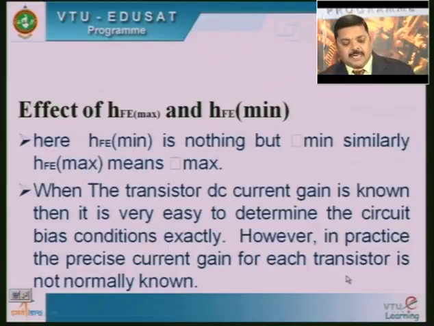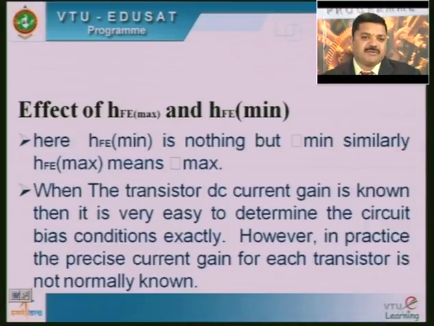The next topic of base bias is what is the effect if we change the beta or the HFE values. Why do we have to change the HFE or beta value?